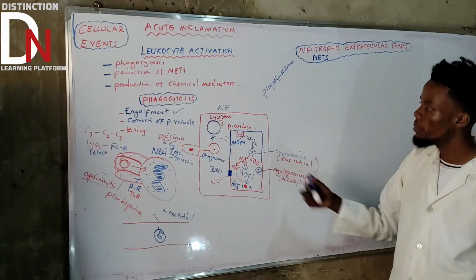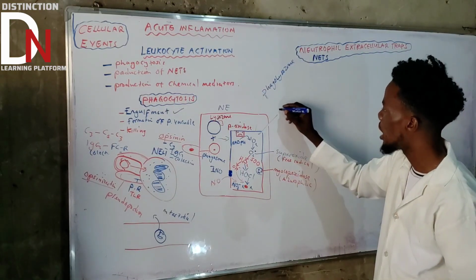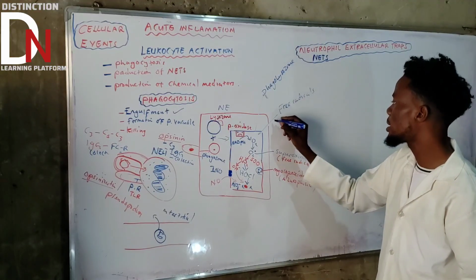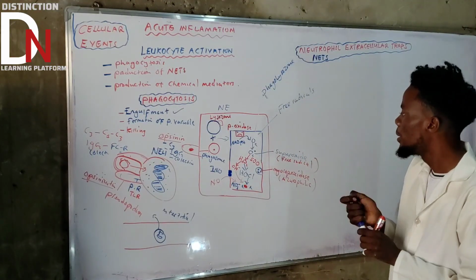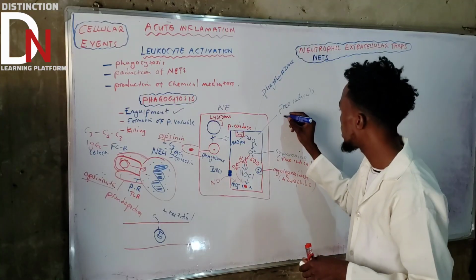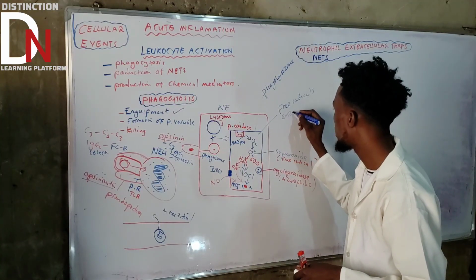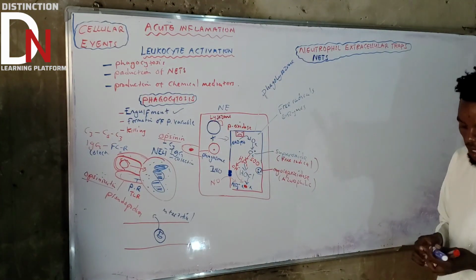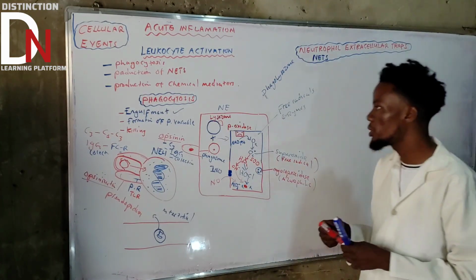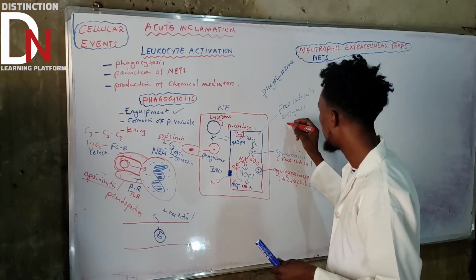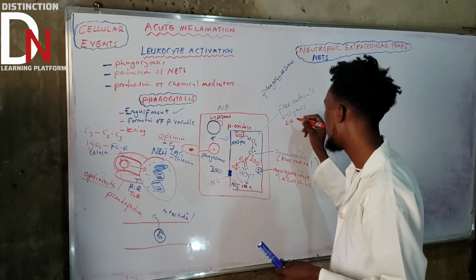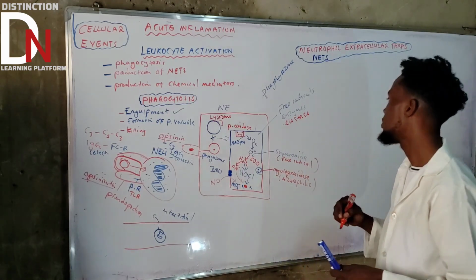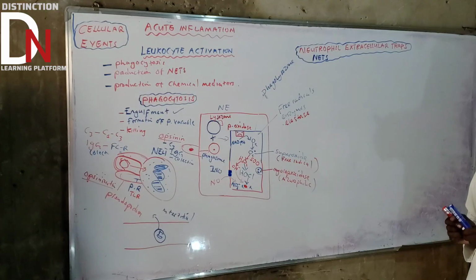Apart from free radicals, there are also enzymes that can be found there that will help to clear out this bacteria. So what are those important enzymes? There's catalase, but let's just say elastase, which is a very important one. Elastase is a very important enzyme because it also kills foreign invaders.